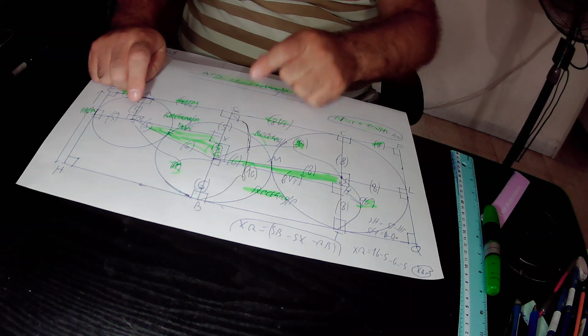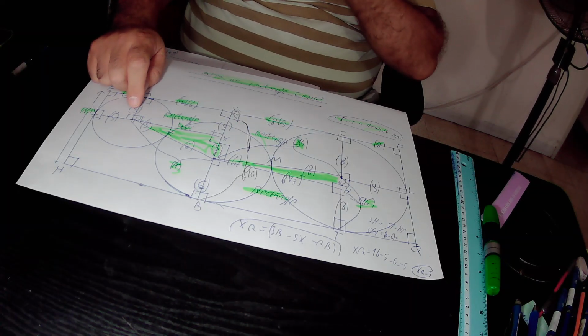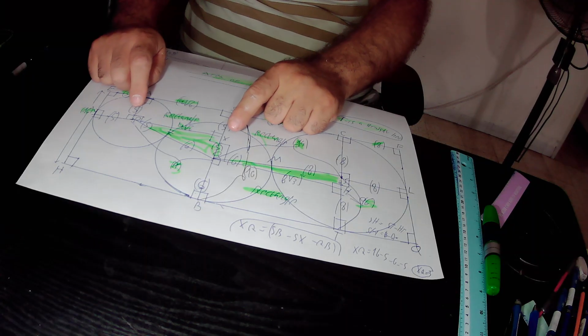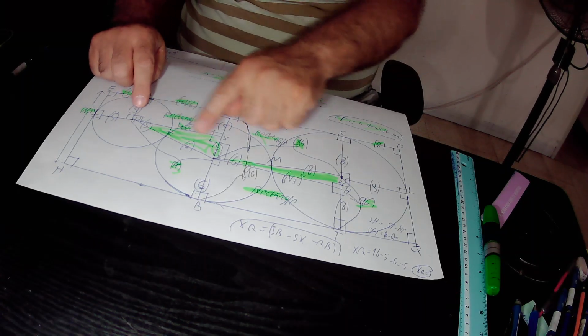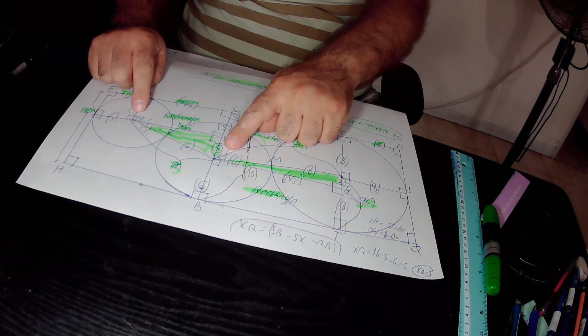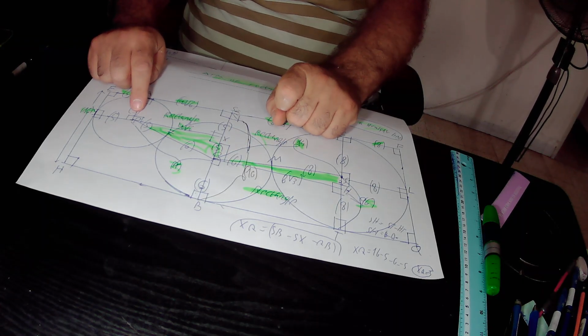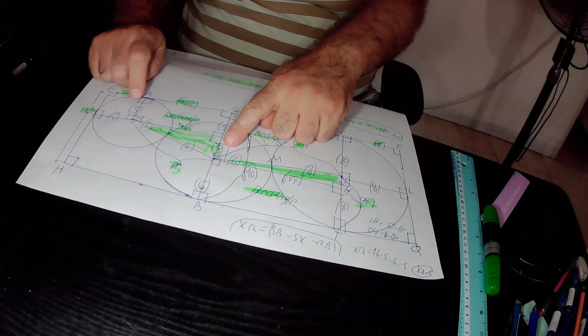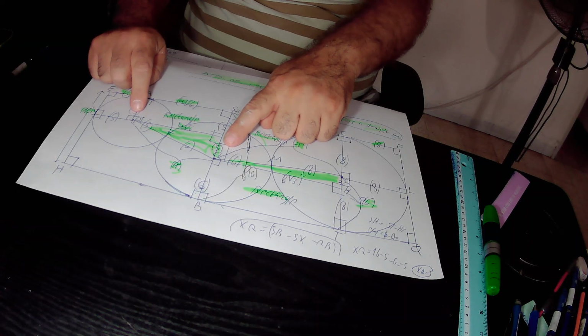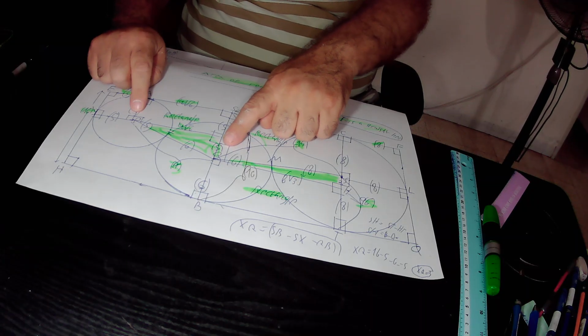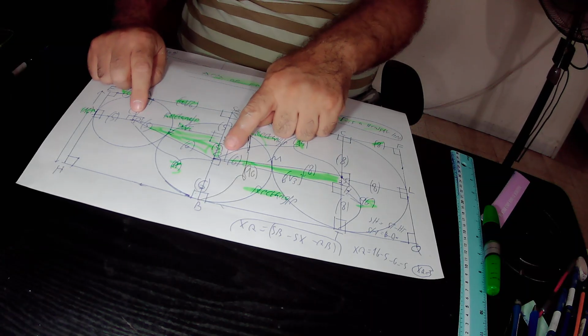According to rule 10, if two circles touch each other externally, then the straight line that connects their centers together... What is the straight line that connects their centers? The center of this circle is at point P. The center of this circle is at point Q. The straight line that connects their centers together is of course the straight line PQ.